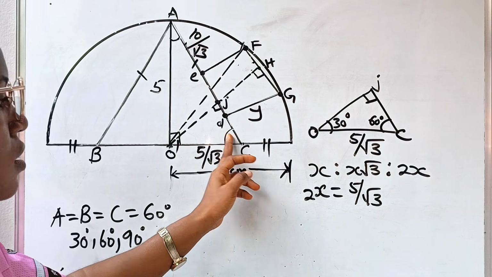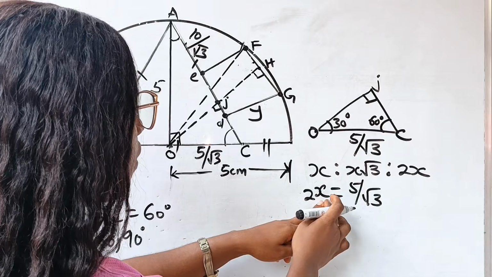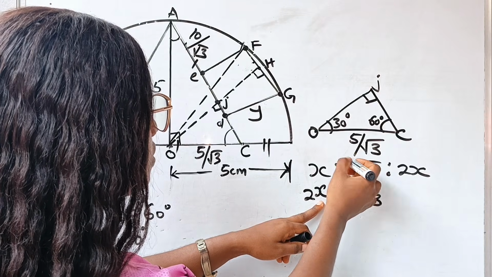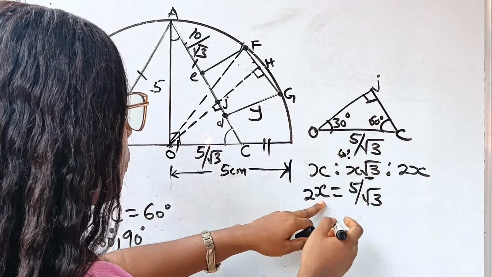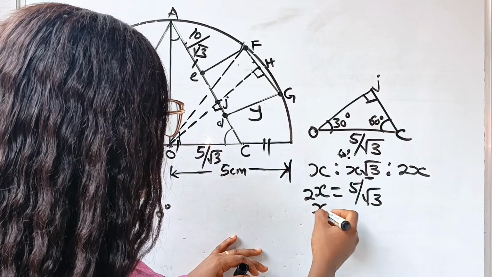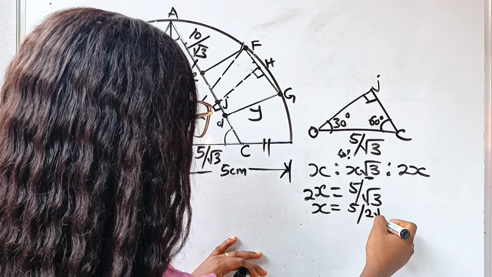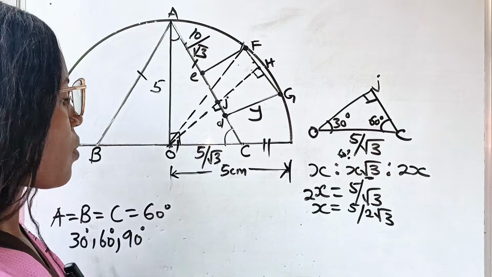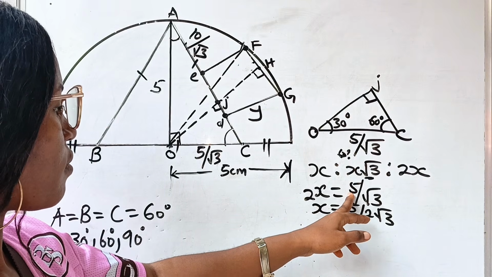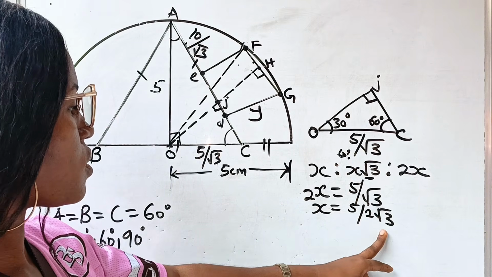So now we have our x will be equal to 5 over 2 root 3. Our x will be 5 divided by 2 root 3.